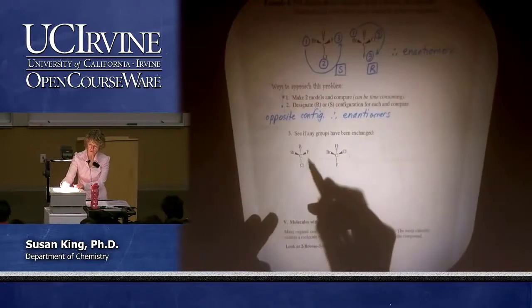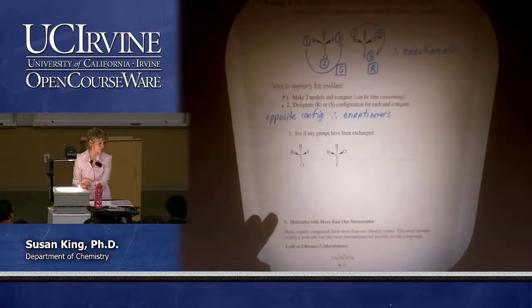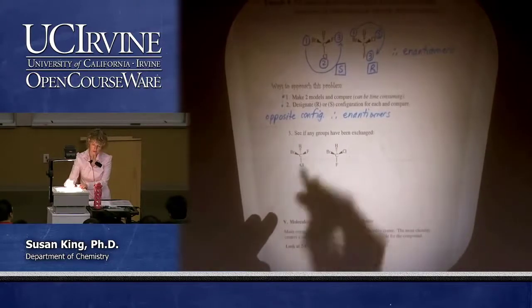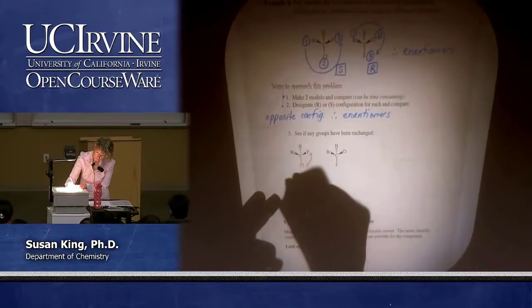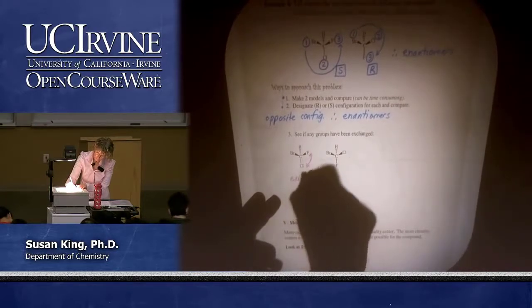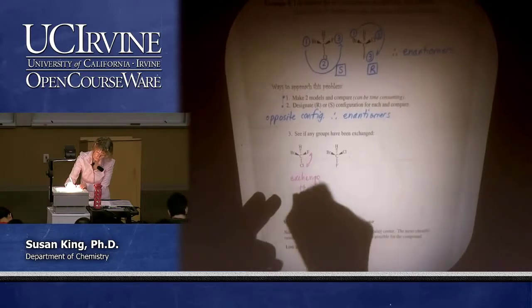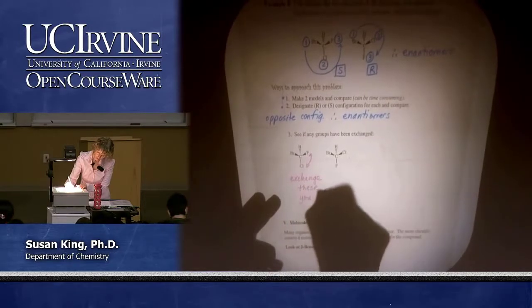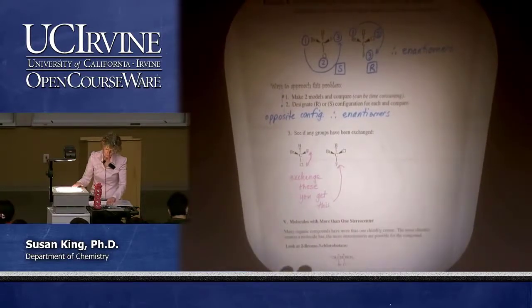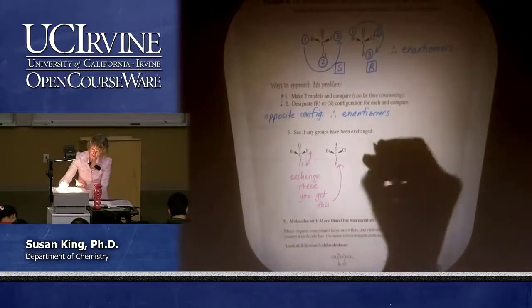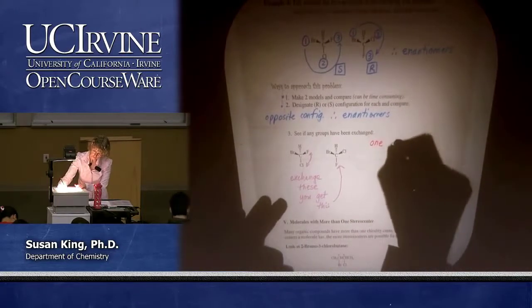And the only difference between this one and that one is that 2 groups have been switched. Right? That's the only difference. So if you exchange these, you get this. That is one exchange, therefore they're the opposite configuration.